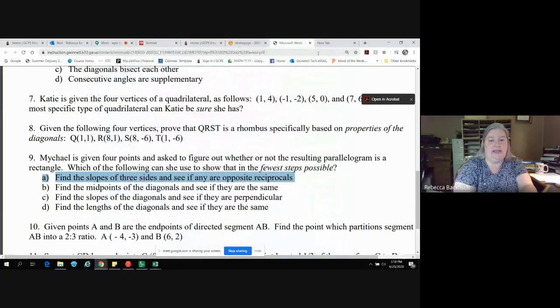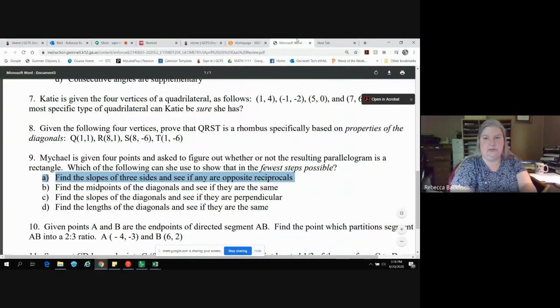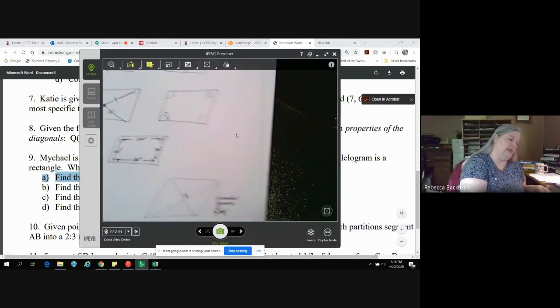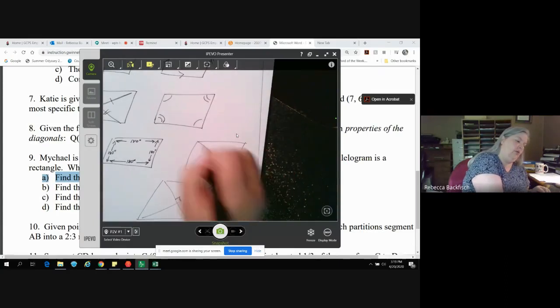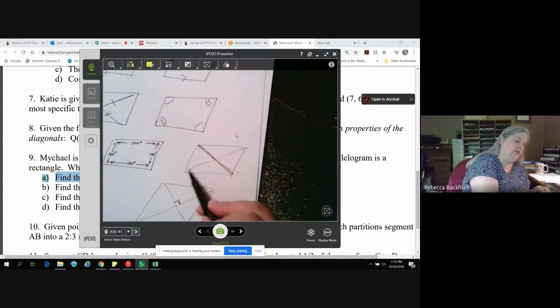D says find the lengths of the diagonals and see if they are the same. Okay, so the lengths of the diagonals, let me see if I'm going to show this. Basically, lengths of the diagonals, that means this whole length is the same as this whole length.